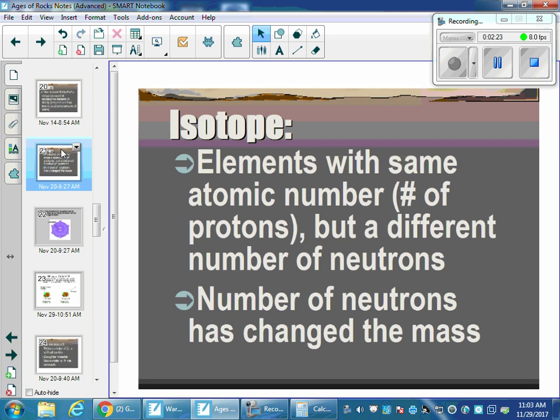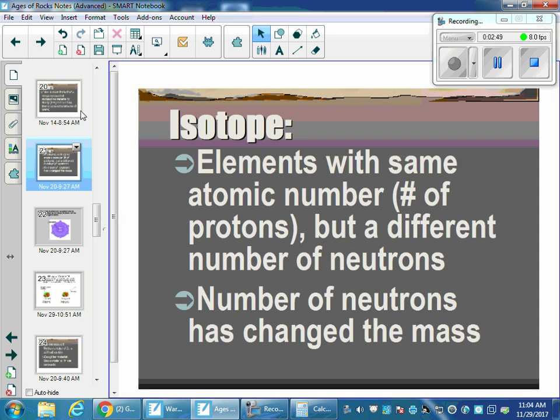However, this is different from a regular atom in that it has a different number of neutrons than what we would normally expect to see in that element. Because we have a different number of neutrons, that means that the mass of this atom has also changed. Because if you recall from our first unit, the mass of an atom is based on the number of its protons and the number of its neutrons.